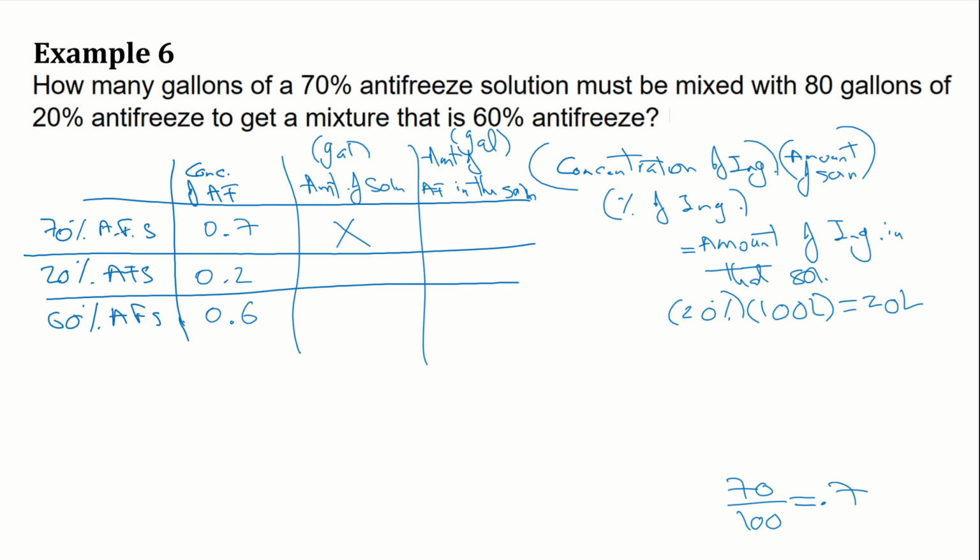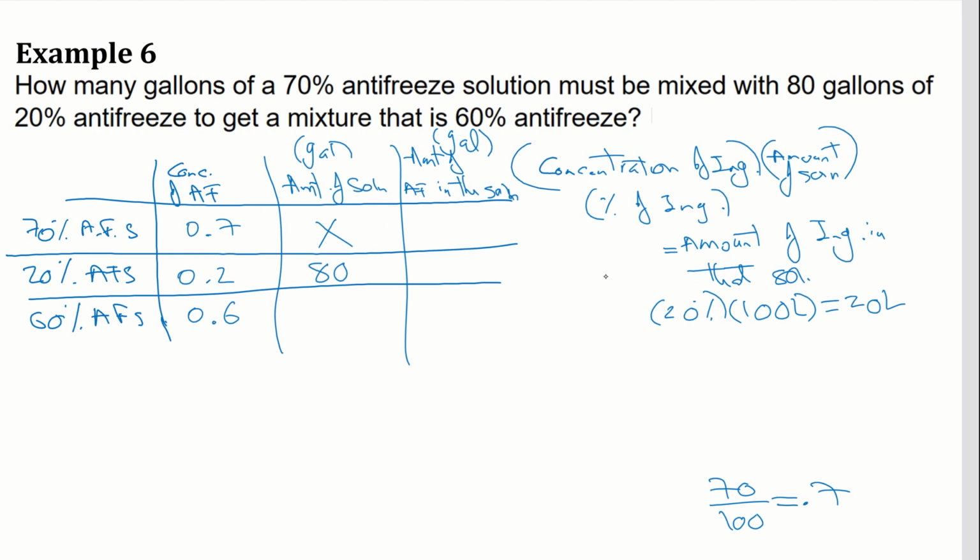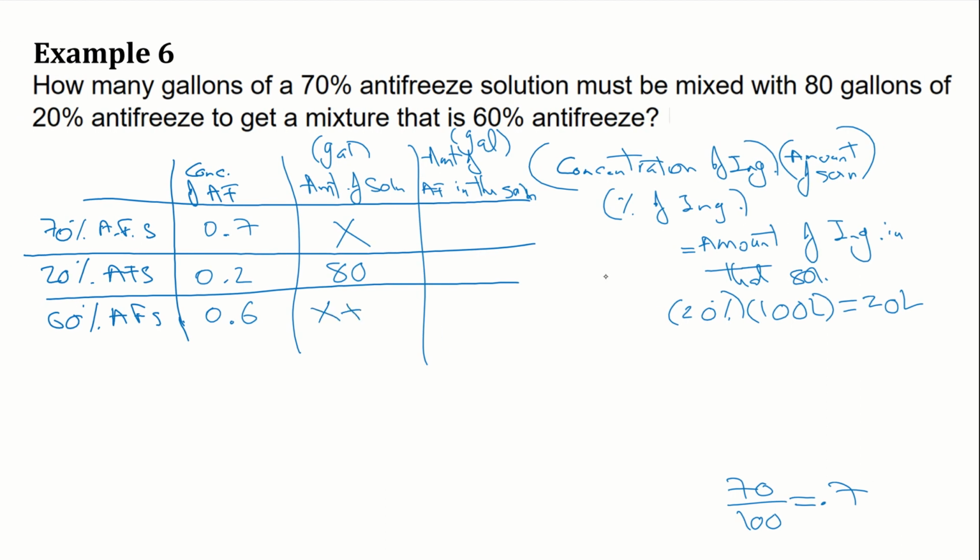It's 80 gallons. I put the gallons up here on the heading, so I don't need to put it in every box, okay? And do I know how much of the 60% antifreeze solution I'm going to get? Well, not exactly in a numerical sense, but I know it's going to be however much this is plus however much that is, right? So that'll be X plus 80.